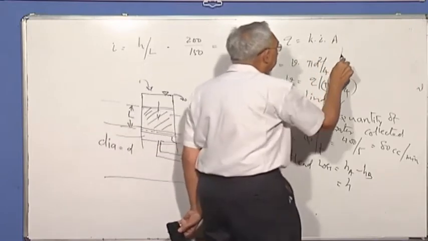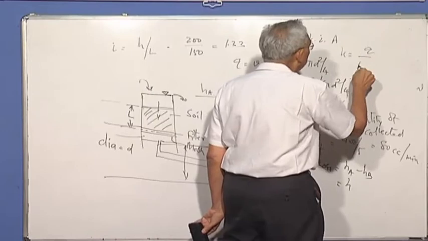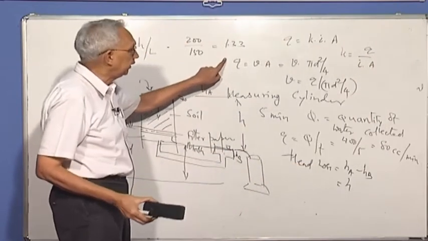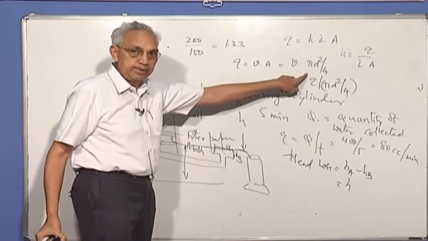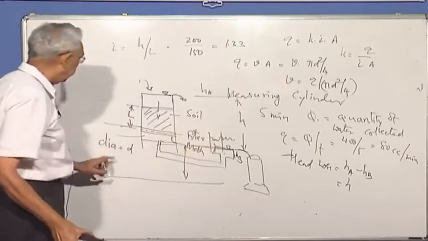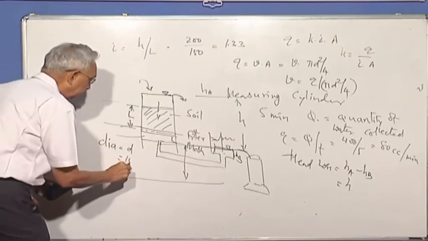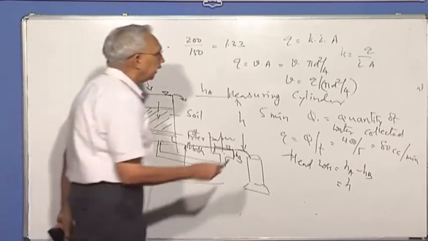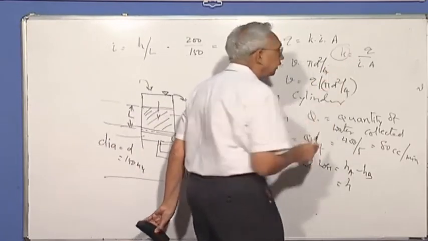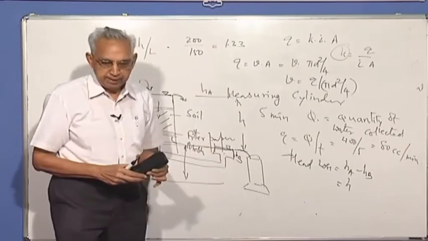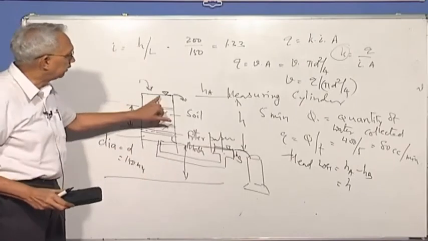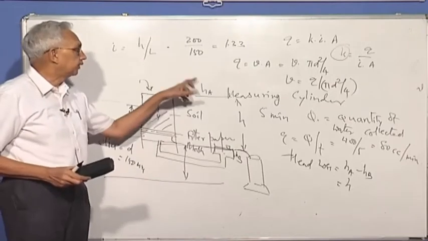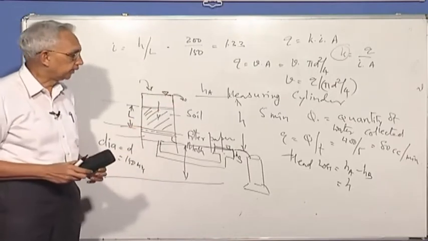So K is equal to Q by I into A. You have found out gradient 1.33, cross sectional area is pi d squared by 4, D for let's say 150 mm, 6-inch cylinder, you can easily calculate. So this is how we determine the permeability, but maintaining the head constant on the upstream and the downstream side. That is why it's called constant head permeability test.